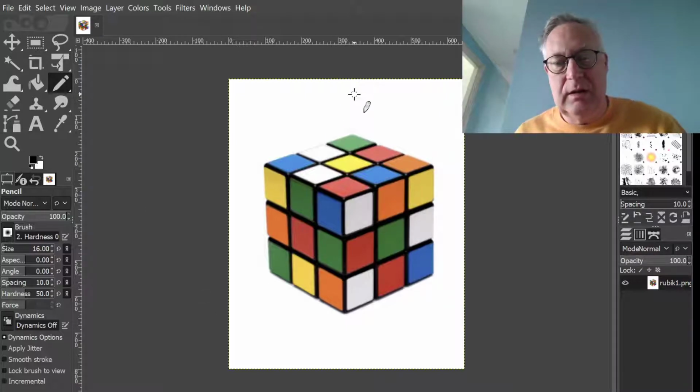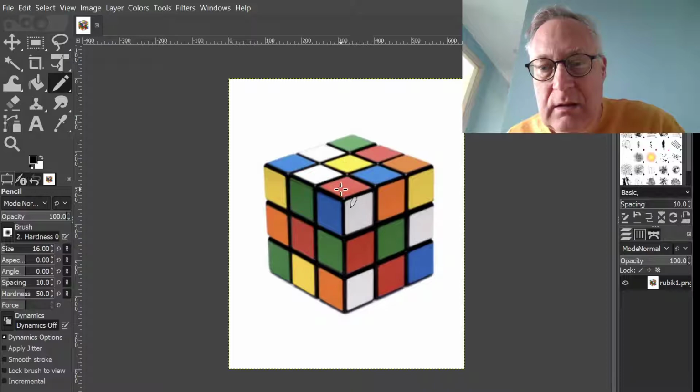If I think about it, the distance from here to there is larger than the distance from here to there, or here to there, because points that are further away are going to move together.